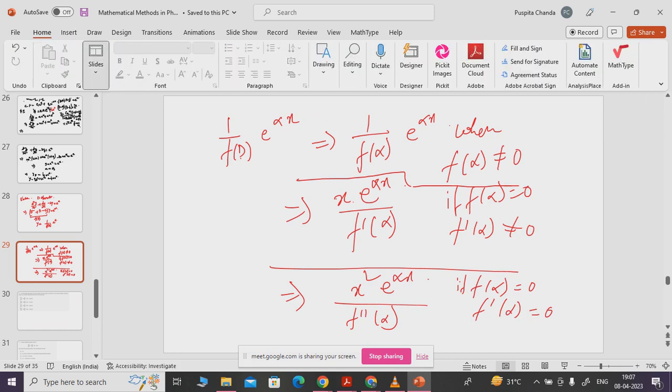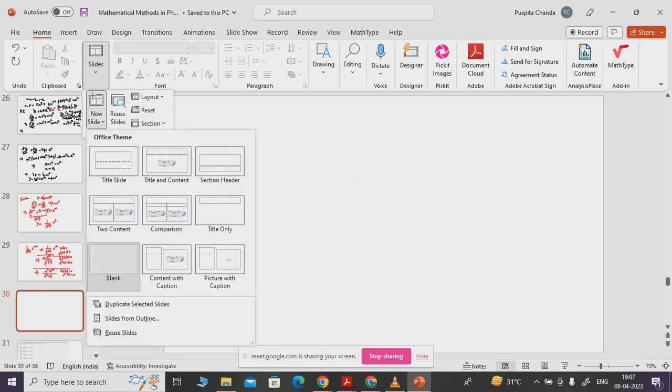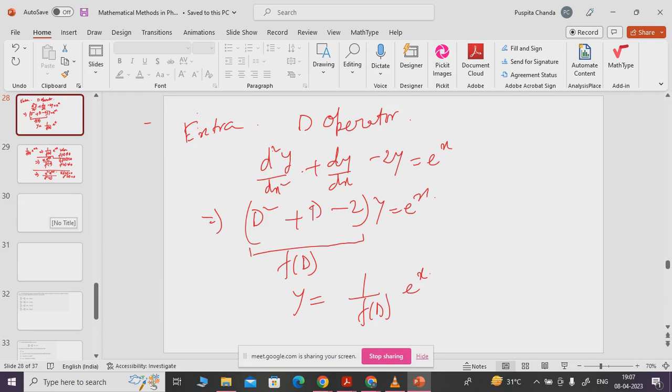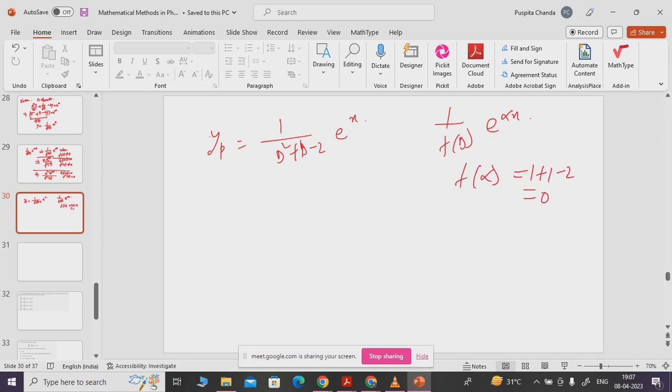Okay, so here what is our f of D? D square plus D minus 2, operating on e to the power x. Here if we compare f of D with e to the power alpha x, what is f of alpha? 1 plus 1 minus 2, which is 0. So we need to introduce f dash alpha.